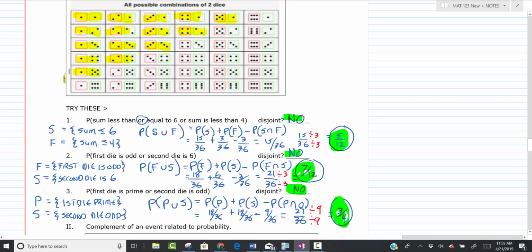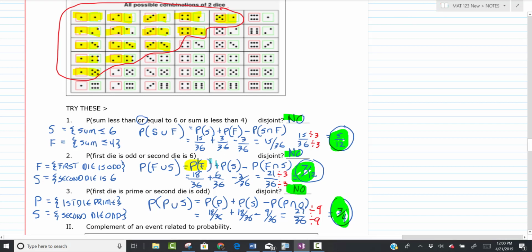And it's got to be less than or equal to 6. So there's 15 things that I highlighted. So this would be the sum can be 6 or less. So that kind of gives you that diagonal right there then. I'm going to just highlight that like that. All right, so those are the 15 possibilities there. So that will give us that probability there.